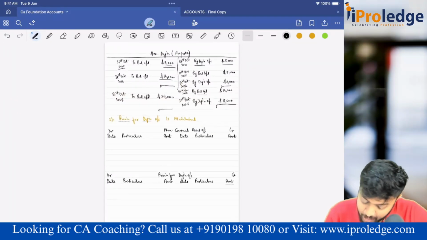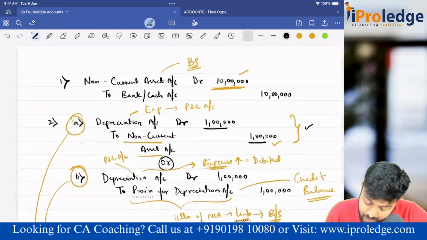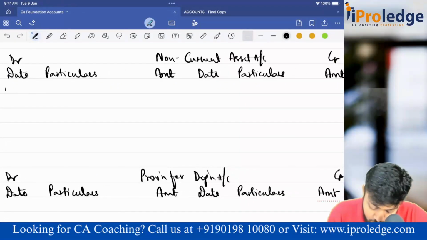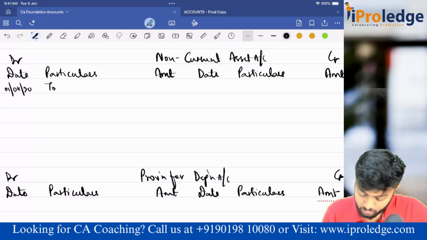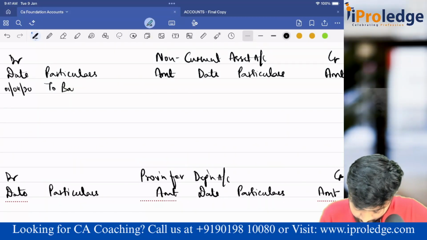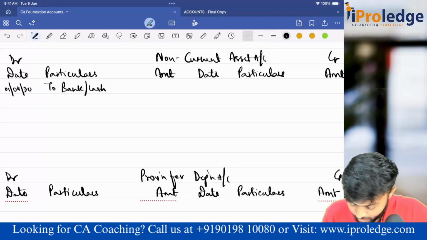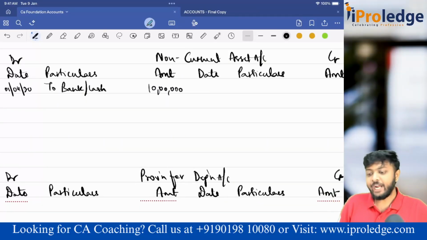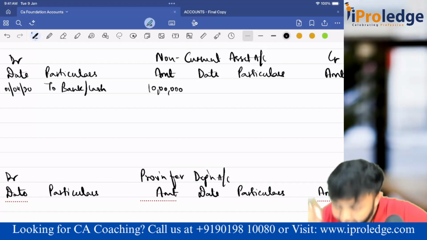So let's start. When you purchase the asset, what is the entry that you pass? Non-current asset to bank or cash. Then at the end of the year, will you give depreciation in the non-current asset account only?